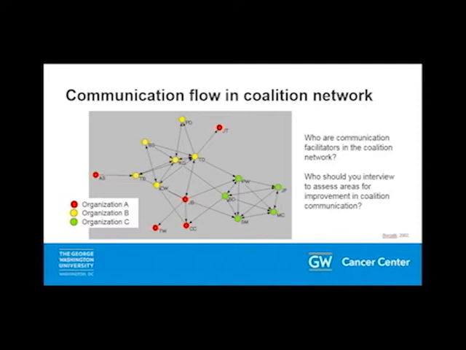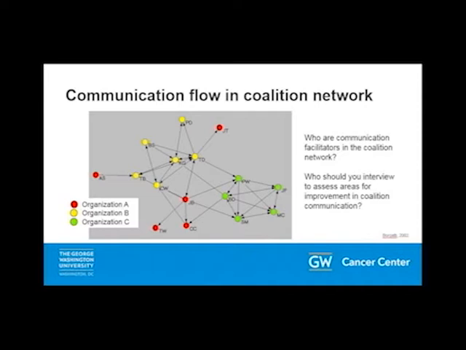You can also see that members of organization A in general, so the nodes in red, do not communicate with each other through this network at all, because you can see AS has no ties to JT over here. And neither of them are connected to any of the other organizational members.